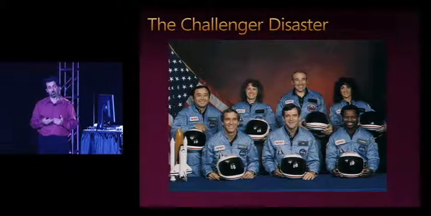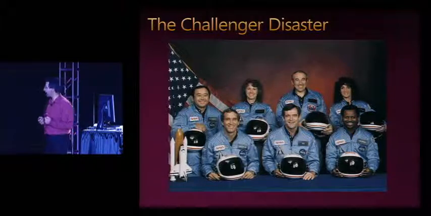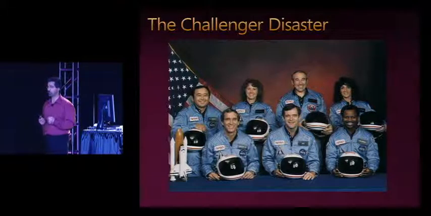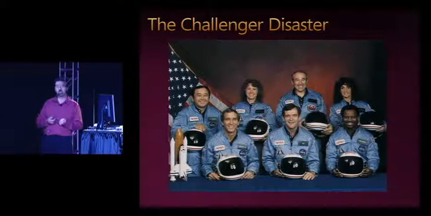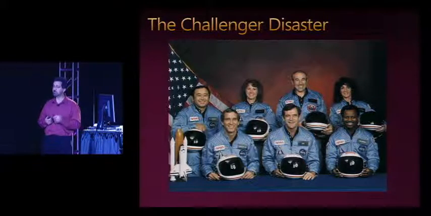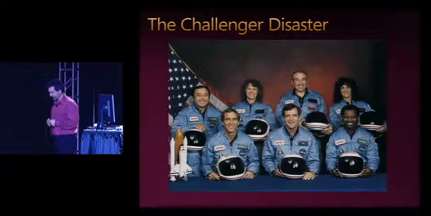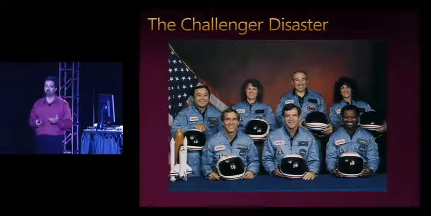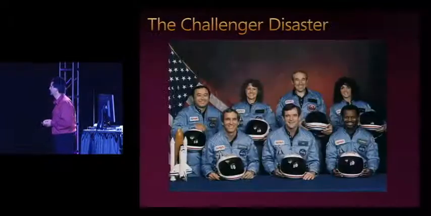And the other one was, I was thinking to myself, if I could ask these astronauts or their families whether they are willing for me to present this example, I think the answer would be, if someone can learn something from it, if we maybe will prevent the next disaster, it's worth it. So I would like to devote this presentation to these heroes, and I would like to explain to you what happened there.